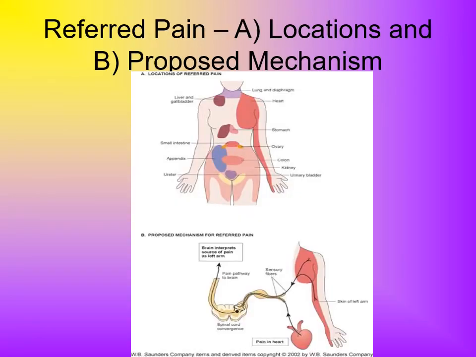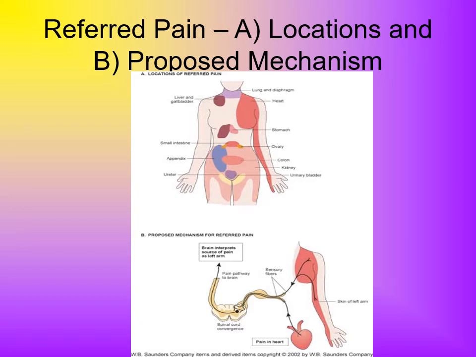Now, referred pain, this relates to the fact that there are multiple sensory fibers from different sources connecting to a single level of the spinal cord, and this makes it difficult for the brain to discern the actual origin of the pain.